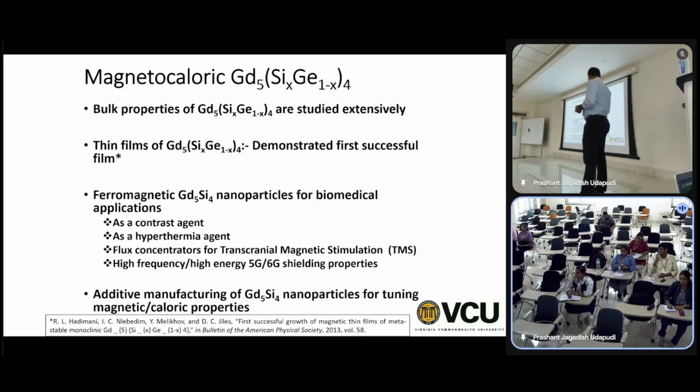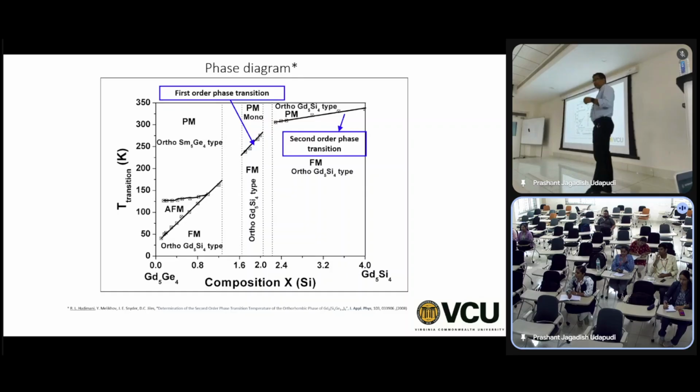But when we started this work, we did not have a lot of additive manufacturing facilities, so we had to first do inkjet printing, then we had to do direct ink writing, polymer assisted material 3D printing, and then now recently we are doing what is called LENS.